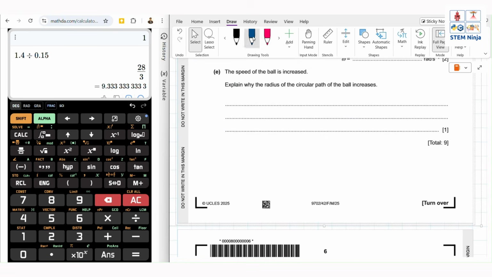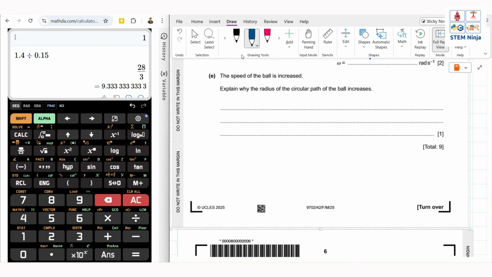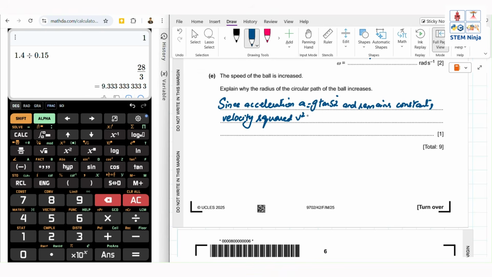So we will say that since acceleration a equals g tan 52 and remains constant, velocity squared, v squared, is proportional to radius r.